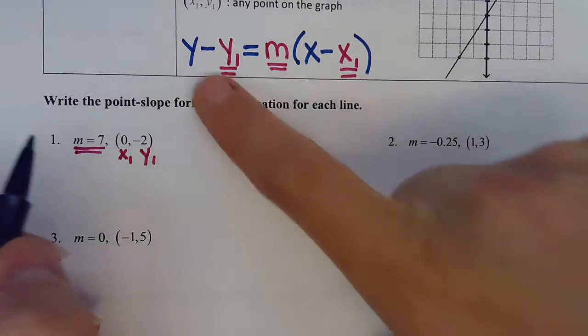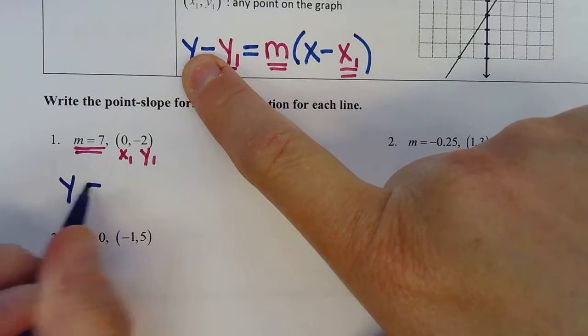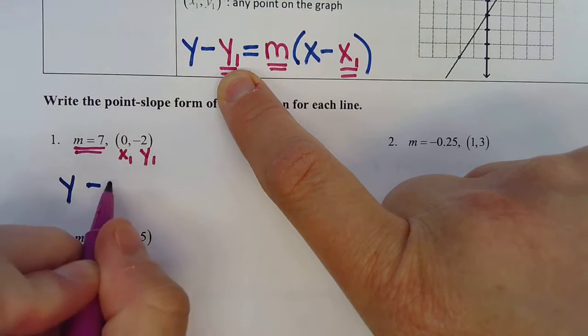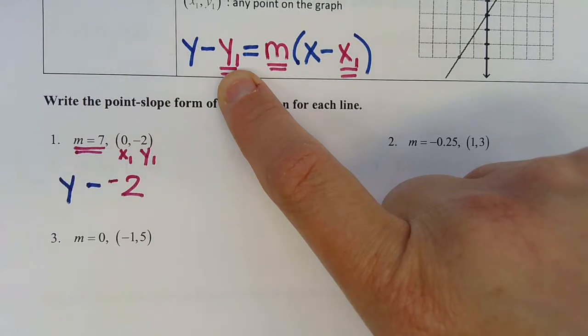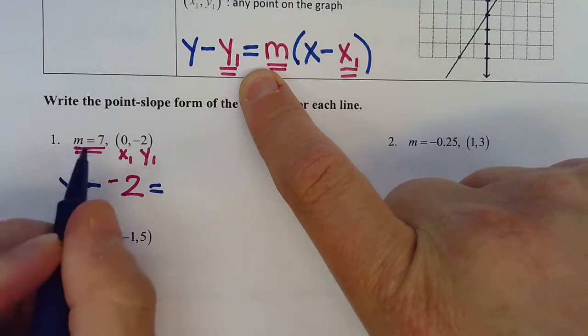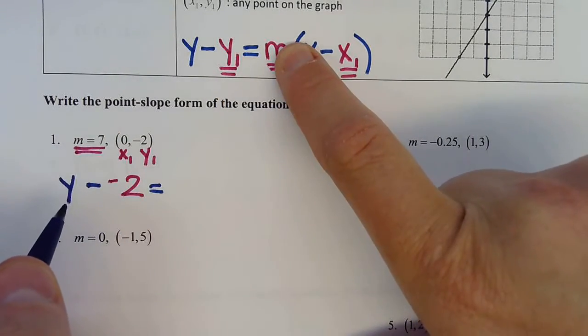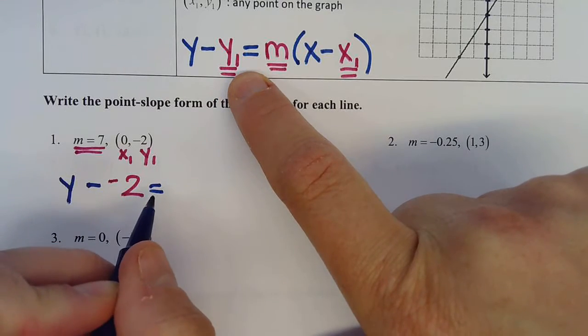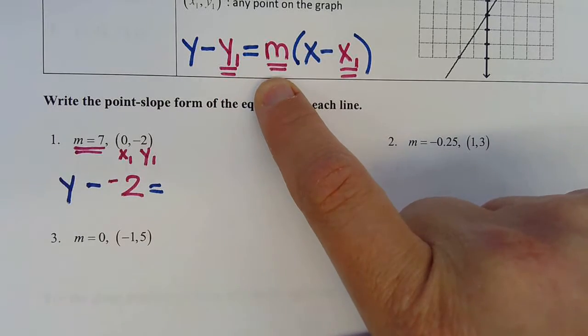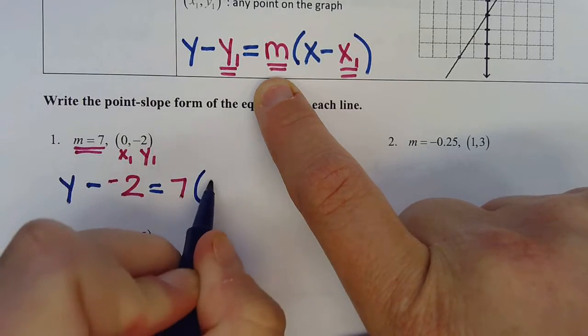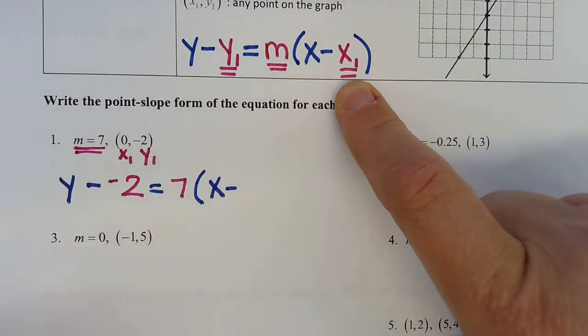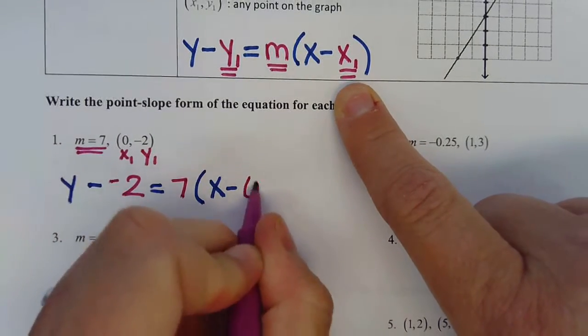So we have y minus y1, which is -2, equals, I'm just taking these values and substituting them in, equals m, which is 7, and then parentheses, x minus, and x1 is 0.